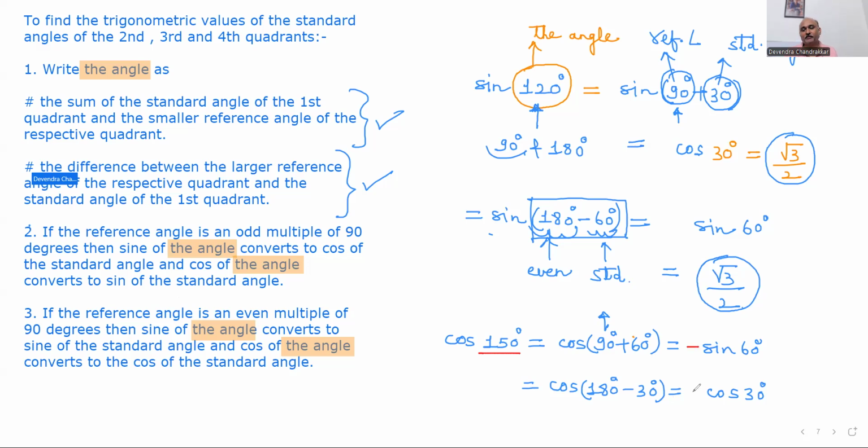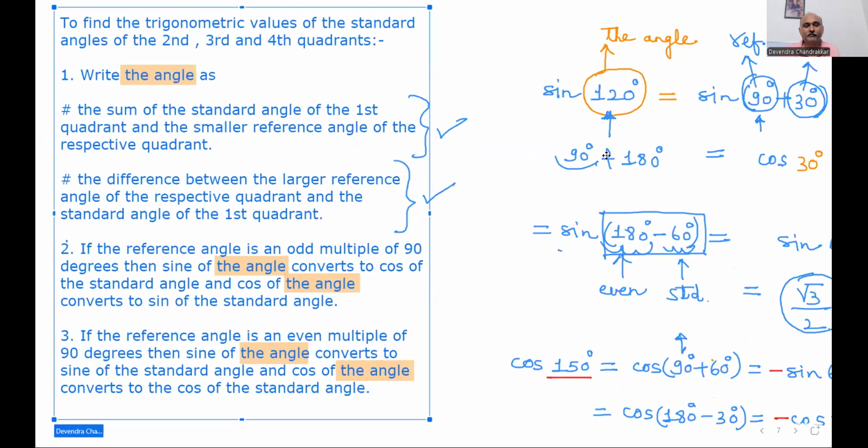So put a negative sign in front of these values. So what you get here is sin 60 degree होता है root 3 by 2, तो ये हो जाएगा minus root 3 by 2. cos 30 degree होता है root 3 by 2, ये हो जाएगा minus root 3 by 2. समझ आया? Yes, sir.